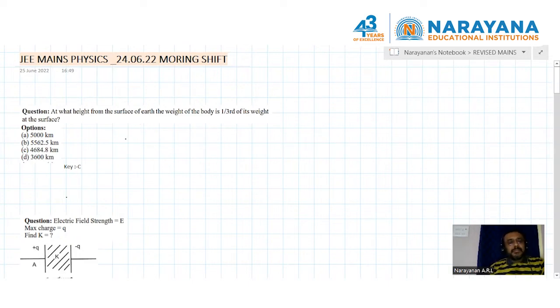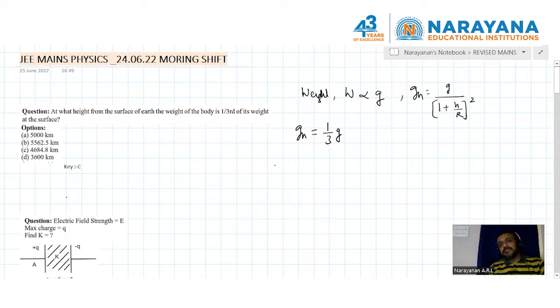At what height from the surface of Earth is the weight of a body 1/3 the weight on the surface? So here the weight W is proportional to g. So g_h is equal to g by (1 plus h by R) whole square. Here he has given g_h is 1/3 the value of g.